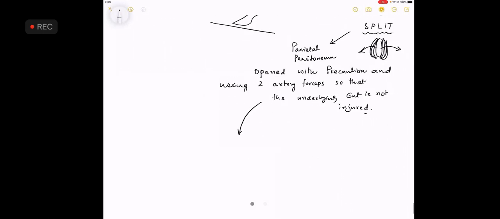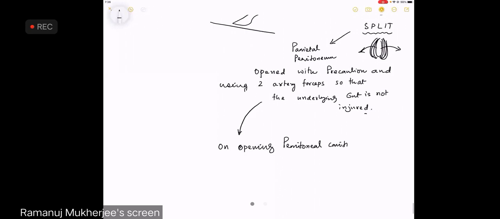Come to the on opening the peritoneal cavity. On opening the peritoneal cavity, number one, confirm the diagnosis.